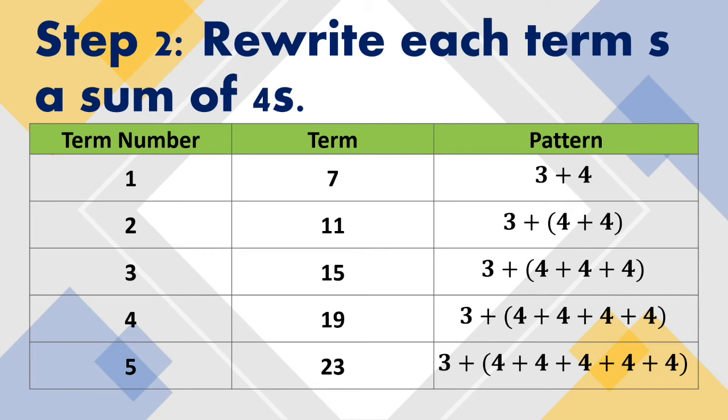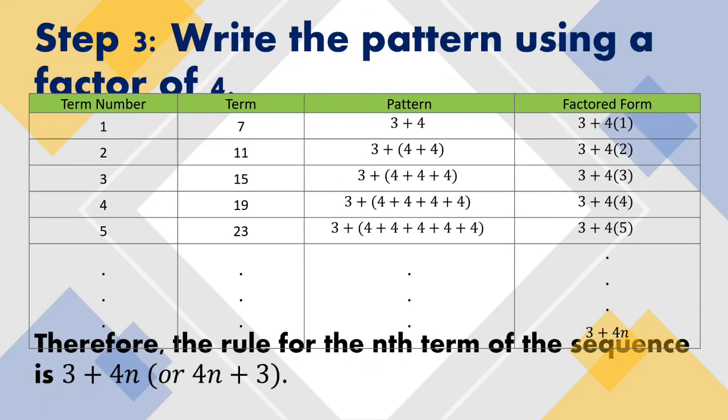So for our second term, which is 11, we are going to add our constant number, which is 4, twice. 4 plus 4 equals 8 plus 3 equals 11. So for term number 5, we are going to add number 4 five times, added to number 3 to get the fifth term, which is 23.